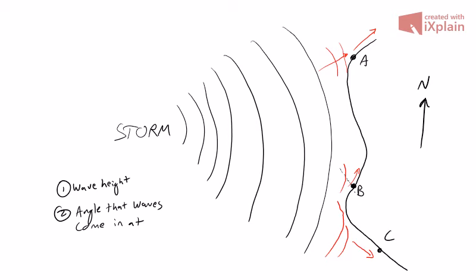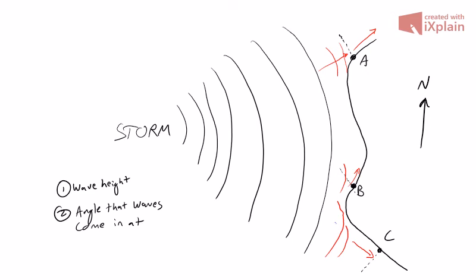However, if we look at both A and C, we can see that the waves are coming in at much steeper angles compared to the direction that's perpendicular to the beach, right? So they're both going to have larger amounts of longshore transport. And then in the determination of A versus C, as in which one's going to have more longshore transport, well, that's going to be based on the amount of refraction that's going to happen as the waves come into shore, right?